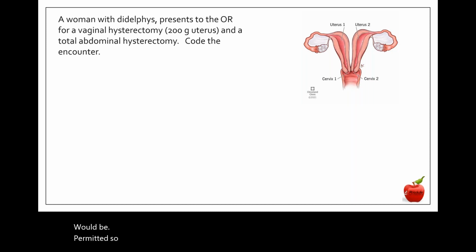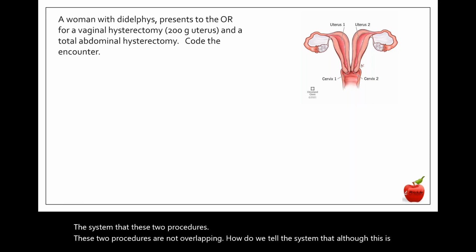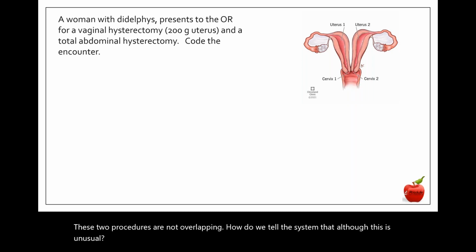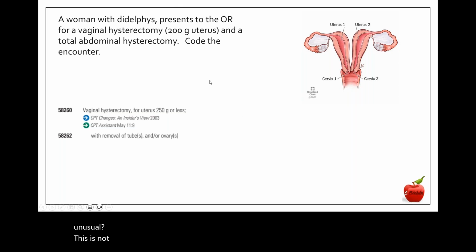So how do we tell the system that these two procedures are not overlapping? How do we tell the system that although this is unusual, this is not overlapping? This is how we would do it.